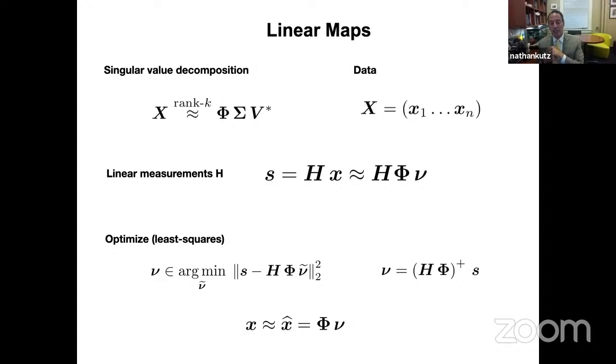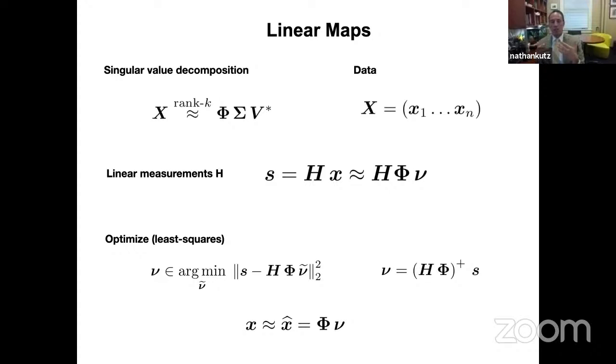And so the idea here then is you just optimize a least square fit of how to best do this. Well, there's your optimization routine right on the bottom there. I want to match my signal to this measurement H projected onto the basis. And how do I do this projection? Well, that's what I'm minimizing over that nu. Okay, so nu, the solution to it, is given by a least square fit.